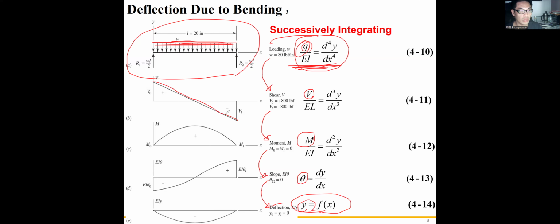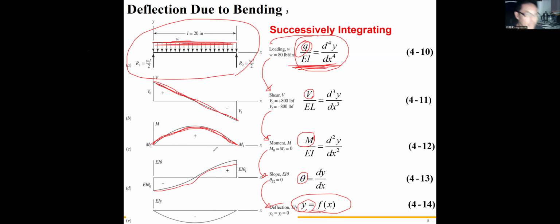Then we integrate this linear line, we get the parabolic, second order, which is the bending moment diagram. We integrate this bending moment diagram, we get theta, the slope.